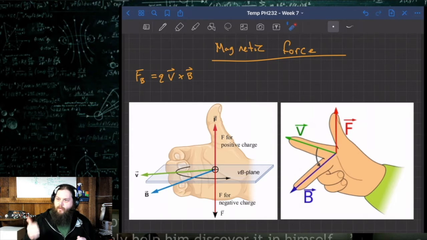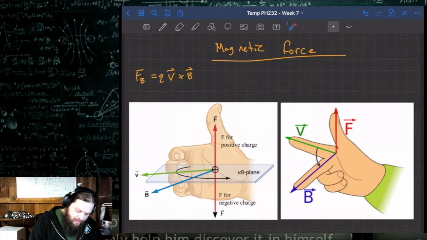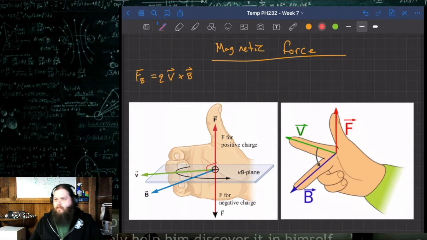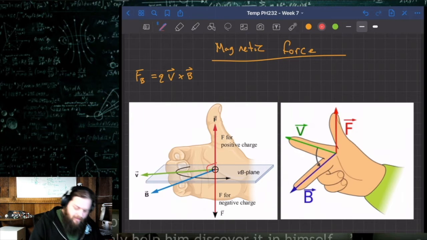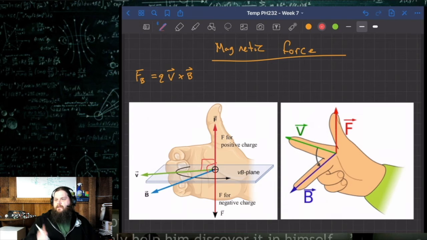Notice that the force is always going to be orthogonal to the velocity and the magnetic field. There's always a 90-degree angle, because it's in 3 dimensions now, between the magnetic field vector and the force vector, and always a 90-degree angle between the velocity vector and the force vector.